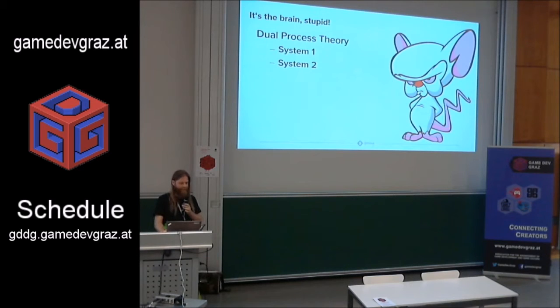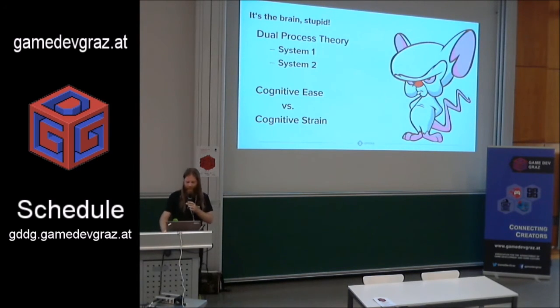So most of the things happen in System 1. And this also introduces another hypothesis, that is cognitive ease versus cognitive strain. The more you use System 2, the more cognitive strain you have. And strain is bad and ease is good, in case you didn't know that.